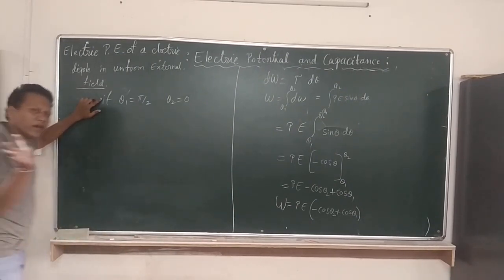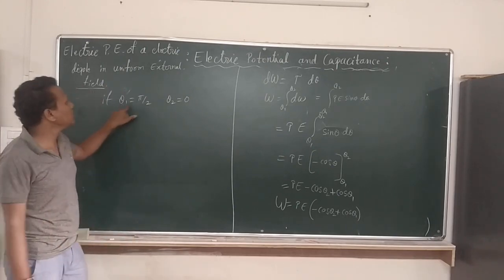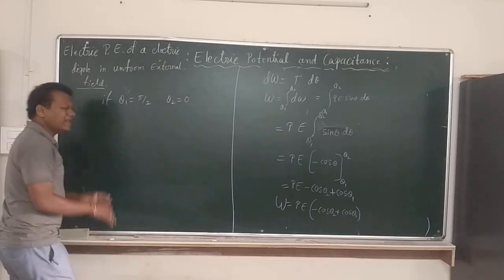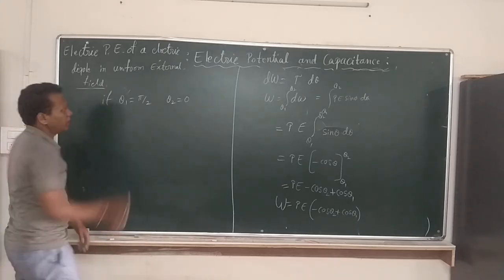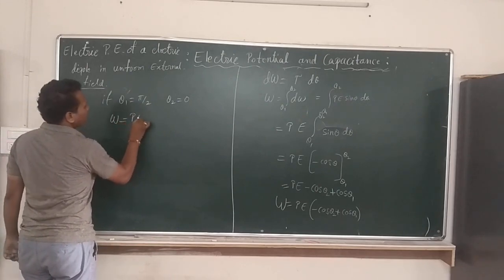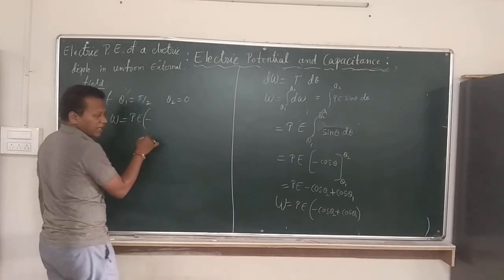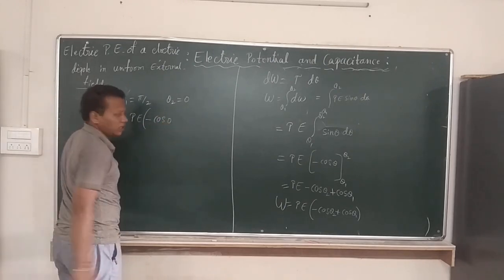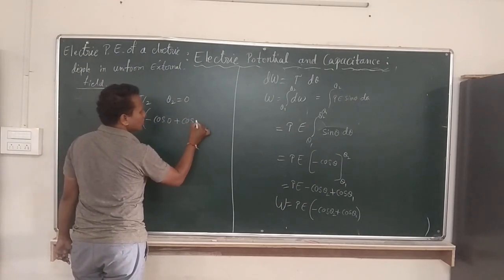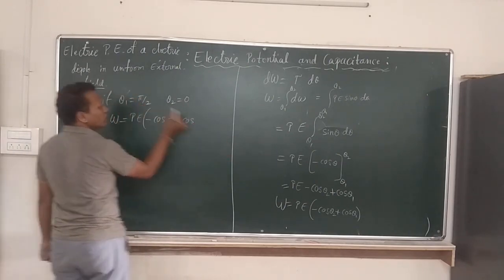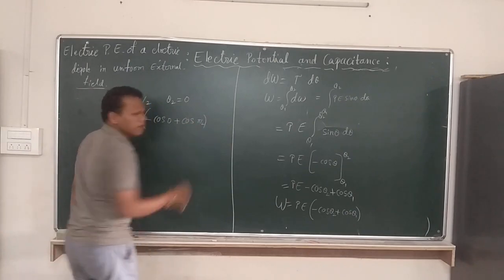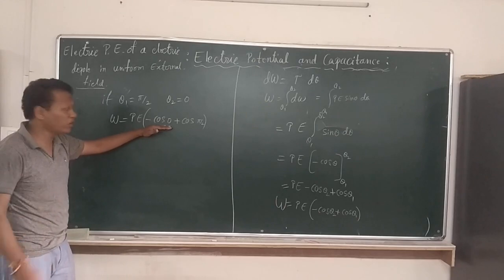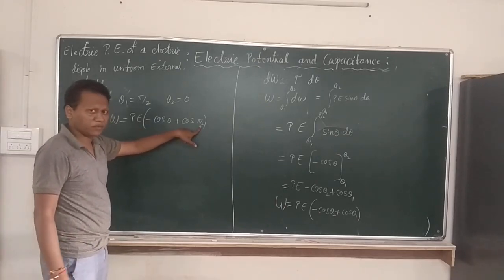Now we can take several cases. If theta 1 is equal to pi by 2 and theta 2 is equal to 0, what will the work done be? W is equal to PE, bracket minus cos theta 2 plus cos theta 1. Theta 2 is 0 and theta 1 is pi by 2, that is 90 degrees. As we know, cos 0 is the maximum value, 1, and cos 90 is 0.